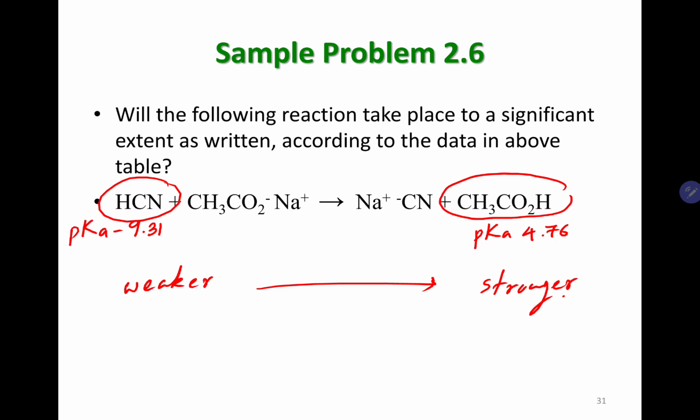Since acetic acid is stronger than HCN, this reaction will not take place, because you should start from a strong acid and then produce a weak acid. But here you are starting with a weak acid and producing a strong acid. That is not possible, so this reaction will not take place.